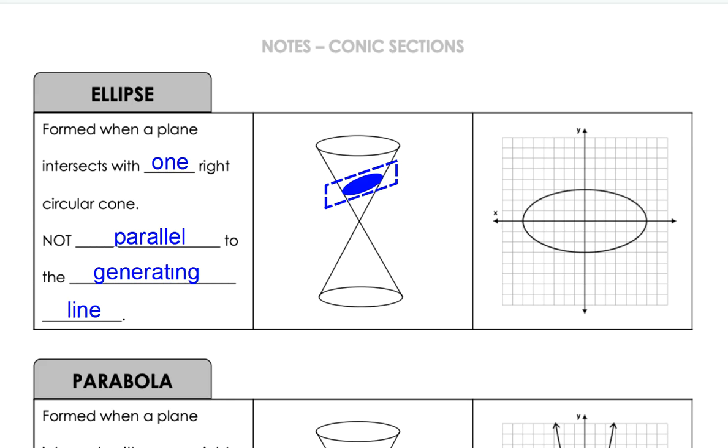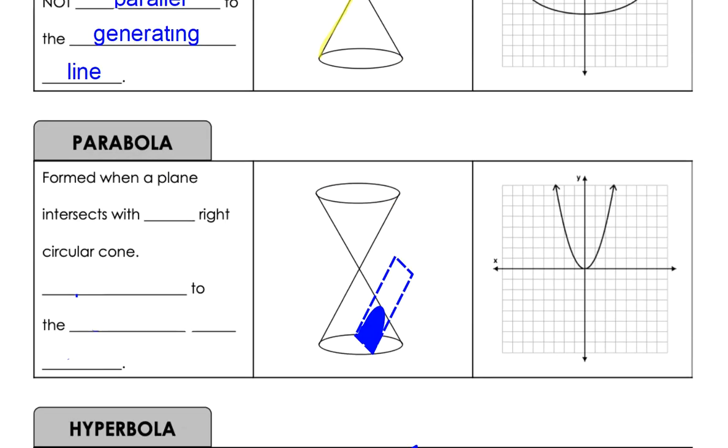Remember that generating line is the line that we're rotating or revolving around the axis. We want to make sure that we're intersecting it not parallel to that generating line. When we do that, we create an ellipse, and you can see the graph of the ellipse. It is almost oval shaped. That's one way to think about it. So that's an ellipse.